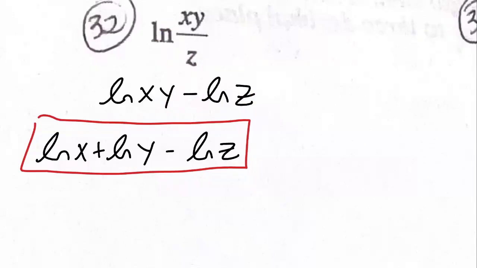If z was in front of y, it would only be dividing x then? If ln of z was in front of ln of y, would it be only dividing ln of x? Yes and no, because if you do ln of x minus ln of z, when you simplify those, that'll be ln of x divided by z. And then ln of x divided by z times ln of y will be xy divided by z.